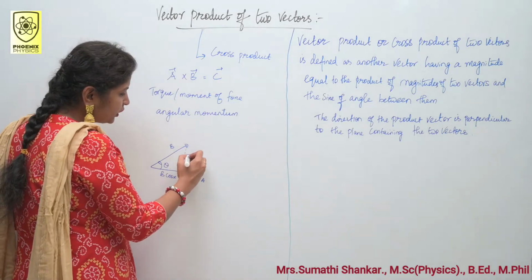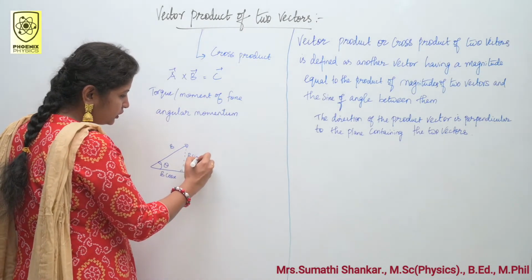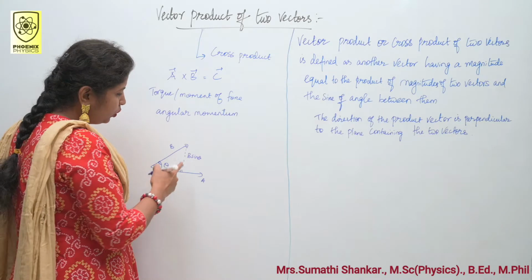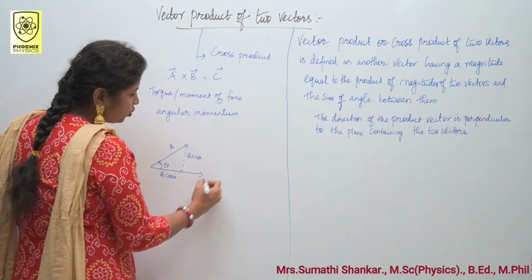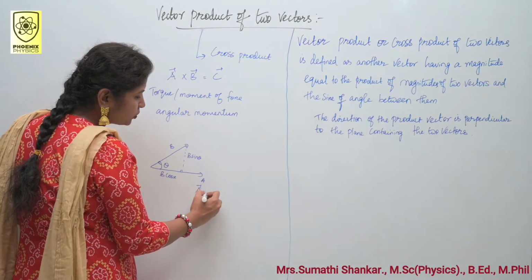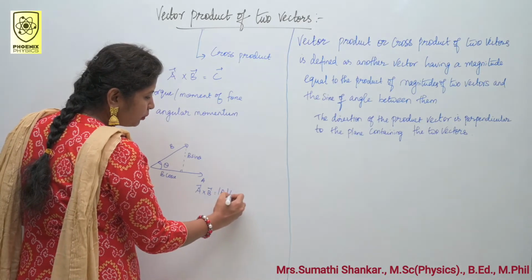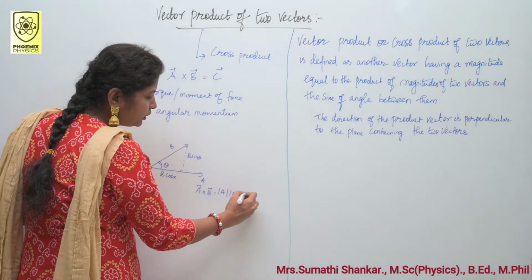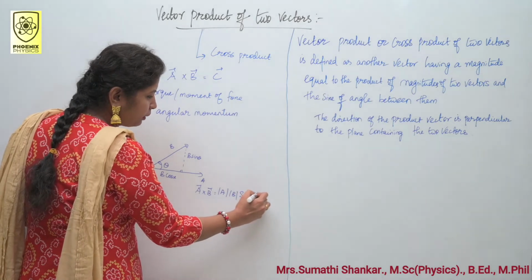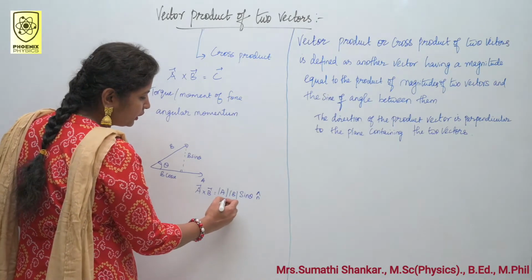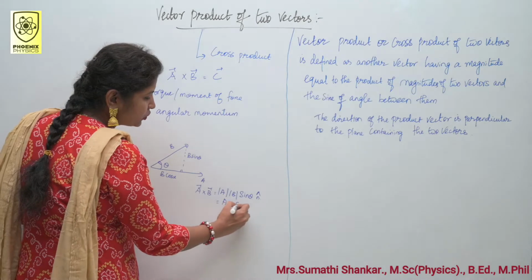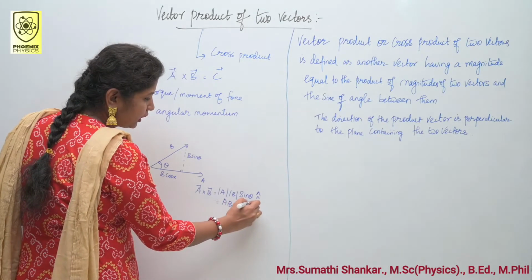Another one is the vertical component B sin theta. Now, how do you write A cross B? A cross B can be written as modulus of A, modulus of B, sin theta, n cap. Or we can write AB sin theta, n cap.